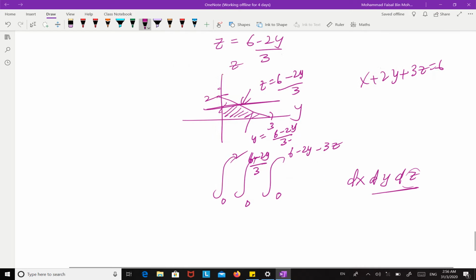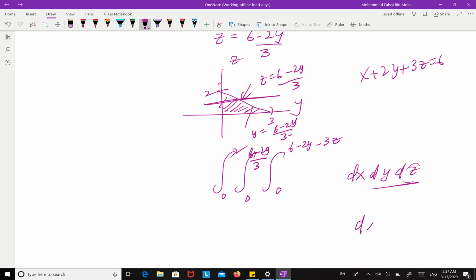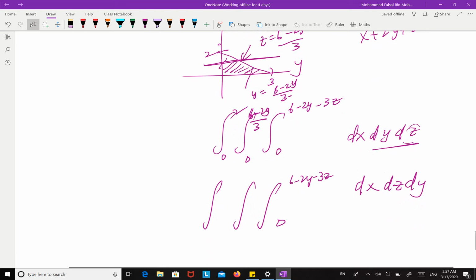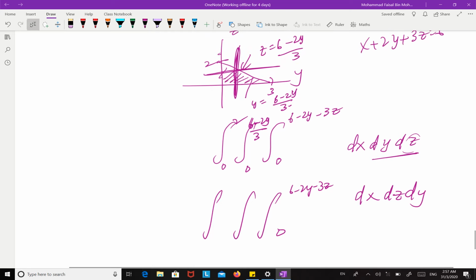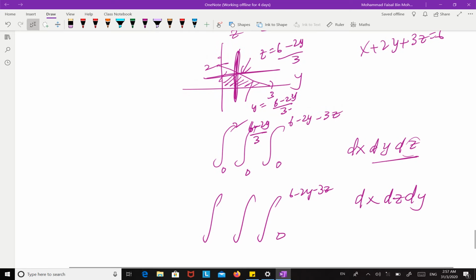Or another way is you put dx here, dz dy. So again this is the same, 6 minus 2y minus 3z. But here your z is cut at y. So your z should be 0 to (6 minus 2y) over 3, and then your y is from 0 to 3.